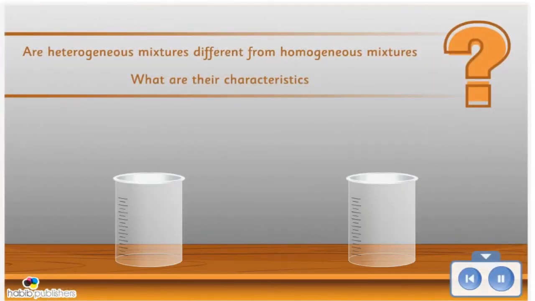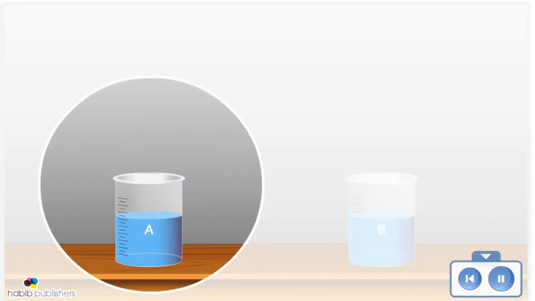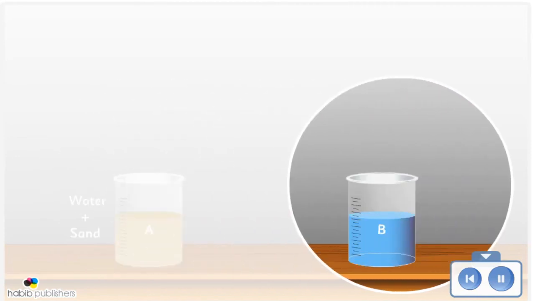Let's take two beakers, A and B, filled to the same level with water. Add to beaker A a spoonful of sand and shake the contents well. Add to beaker B some oil.